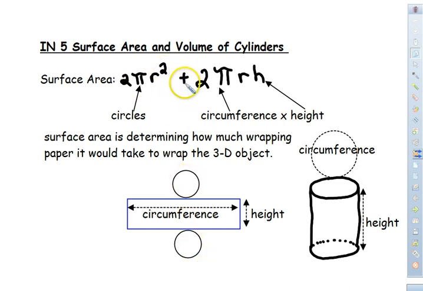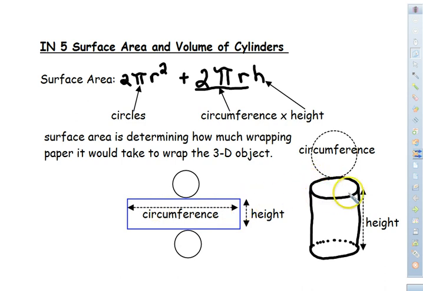Then you take that answer and add it to the next part of the formula, which is 2 times pi r times the height. Okay? This right here is our circumference formula, which again is 2 pi r, depending on the radius, which would be this length, and then the circumference, meaning the length of it itself.